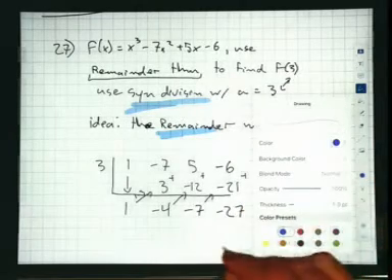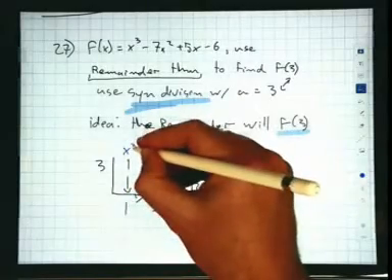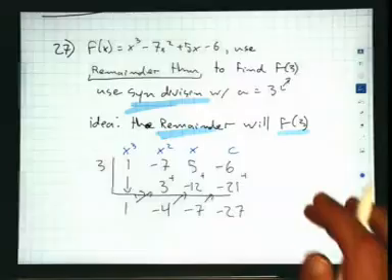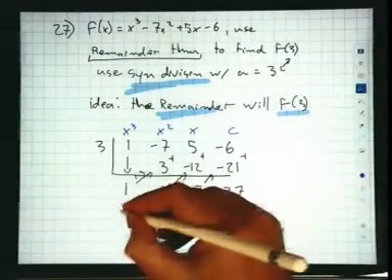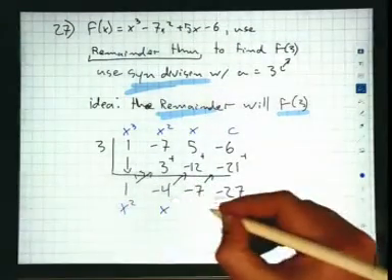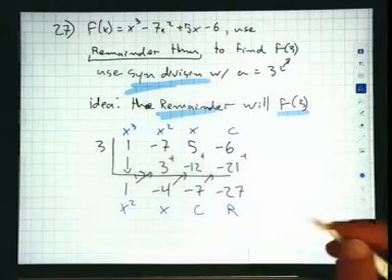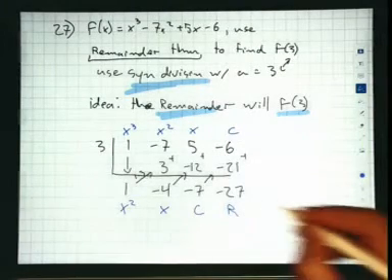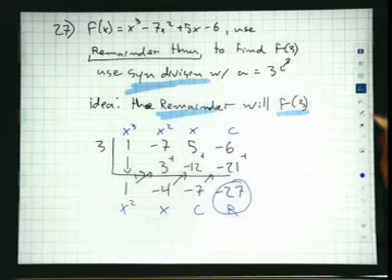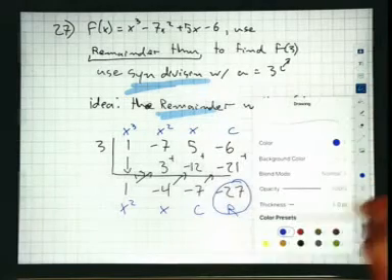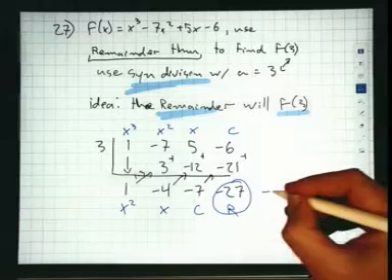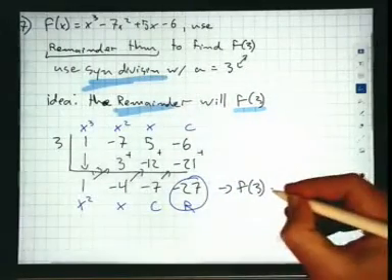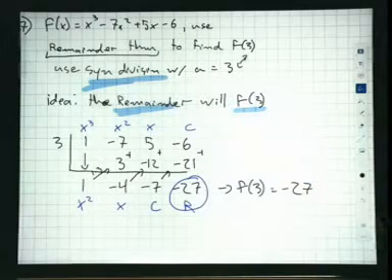Now, as a reminder, we have x to the third, x squared, x, and a constant, everything drops a degree, so we have x squared, x, a constant, and our remainder. So, what this is saying is, since that negative 27 is our remainder, we can now declare that f at 3 is equal to a negative 27.